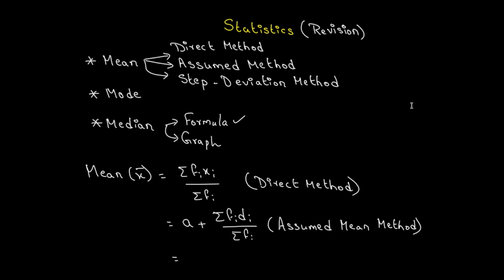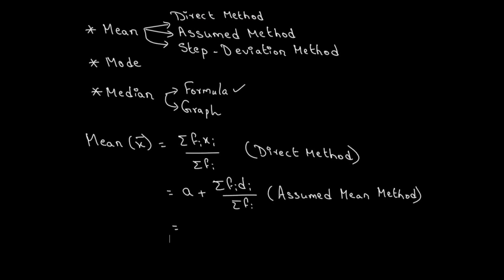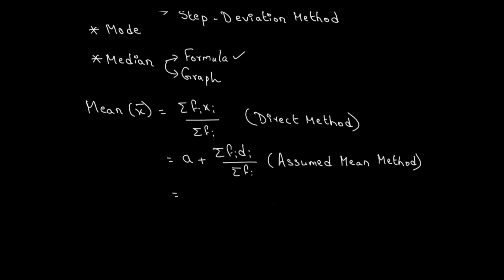No deletion or you won't lose any marks for that. You can do definitely. So I feel that if you learn even step deviation method, whenever it is required, you can use a plus sigma fi ui by sigma fi into h.